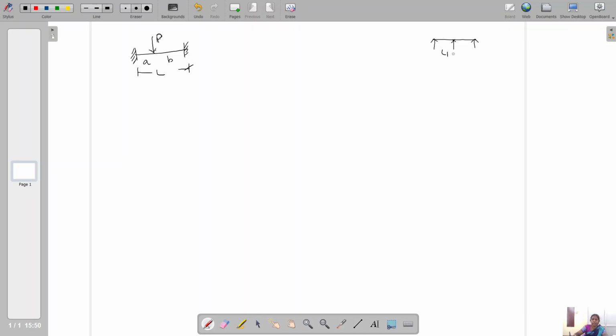in the spans L1, L2, you consider the moment at A, moment at B, and the moment at C, three supports, loaded with some loading. Consider the area of the loading diagram, A1, A2, and the centroid from A is x1 and the centroid from B is x2.